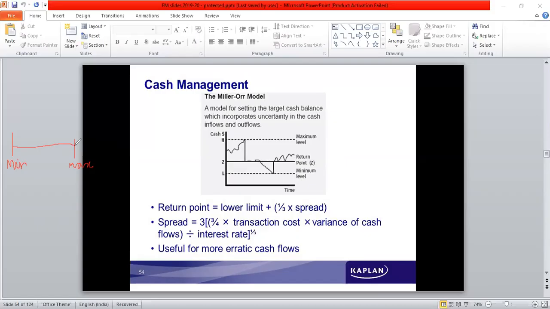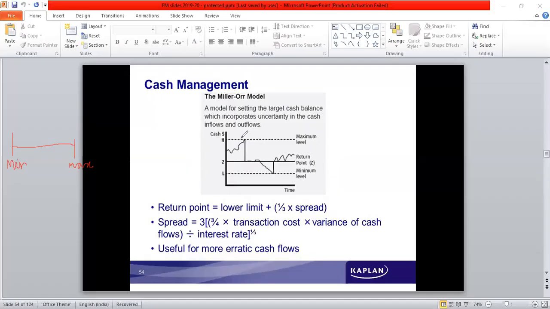It should not fall below the minimum. If it falls below the minimum level, then it's a problem. They will not have funds available to meet the payment, reputation gets affected, etc. So it should not go below the minimum level, and it should also not go above the maximum level. Above the maximum level, it is idle funds.